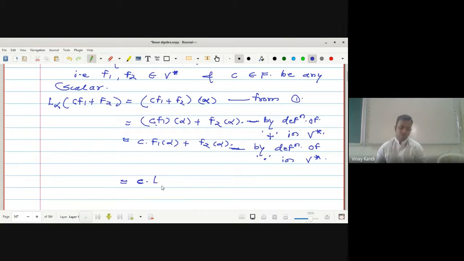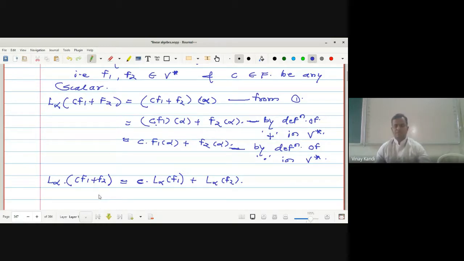So this is equal to c into f1 of alpha, which is L alpha of f1 by the definition of L alpha, plus f2 of alpha, which is L alpha of f2. So hence we get L alpha of c f1 plus f2 is equal to c into L alpha f1 plus L alpha f2.